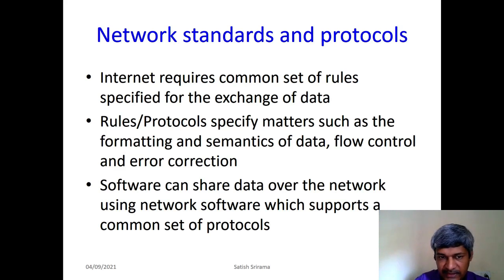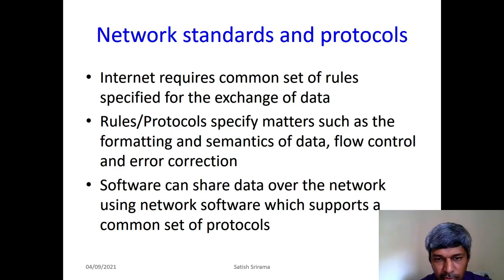When they are exchanging messages, they are actually exchanging data. When you are exchanging data, you need some sort of rules or protocols that you follow so that you can send this data in a proper manner.